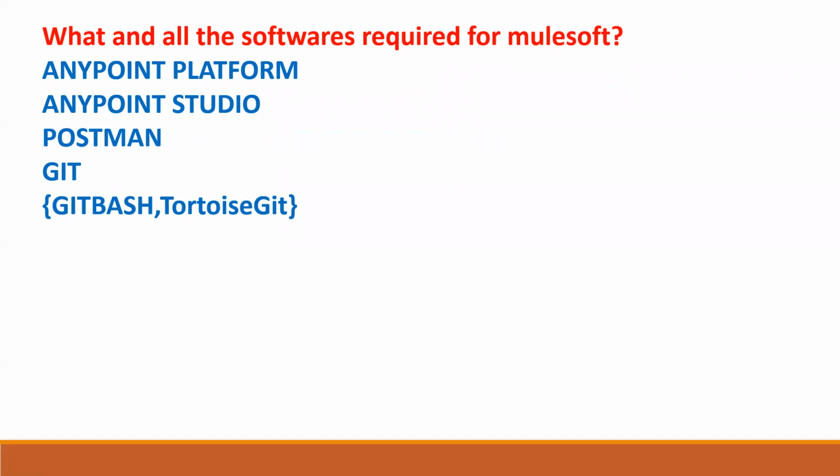Is anyone working on Git? I think some people are working. Yes, I'm working on Git. Once we develop the code, we want to place that code in GitHub. My question is why do you want to place that code in GitHub? It is in the cloud, right? We have a laptop, and anyone in our team can access the code.